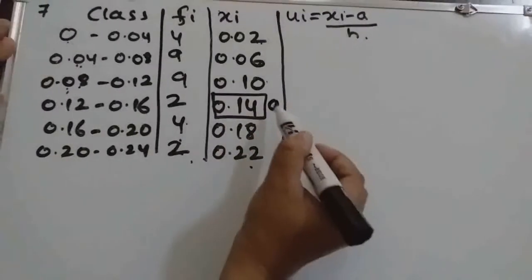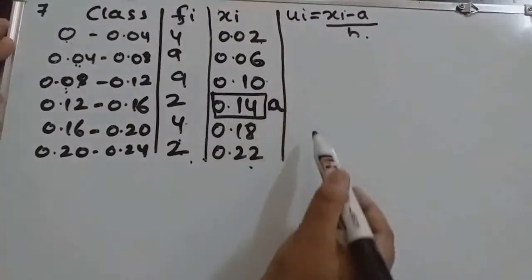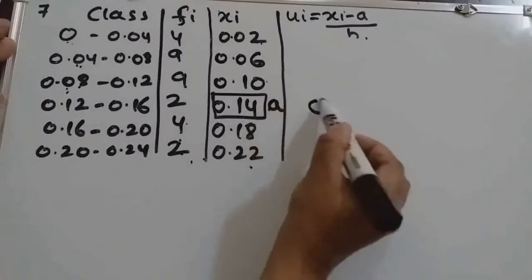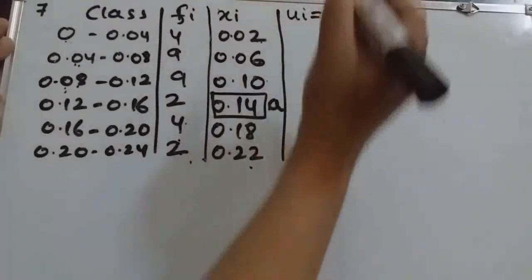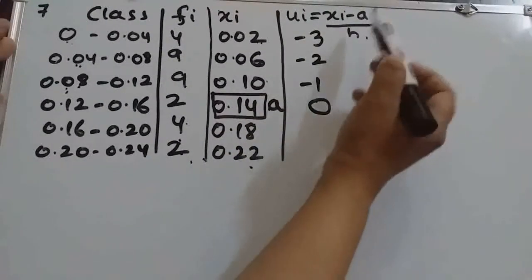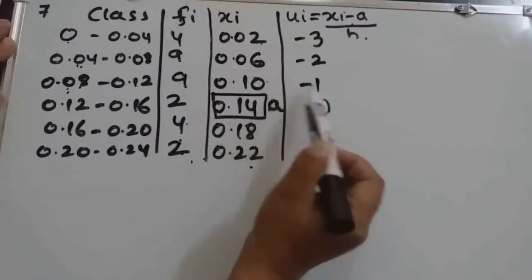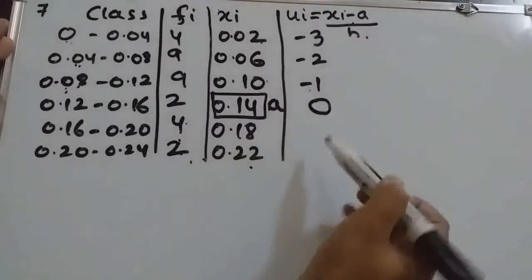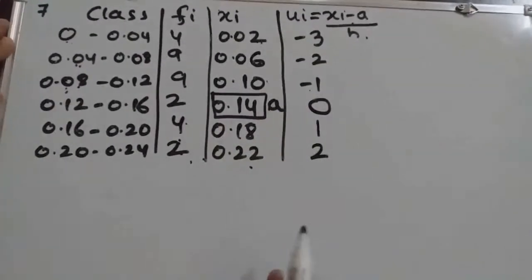If this will be a, I told you how we can write ui. In front of this we'll put 0. Above this 0, all minus values will come. You can verify. Using this formula, you will get these values only. Below this 0, 1 and 2.